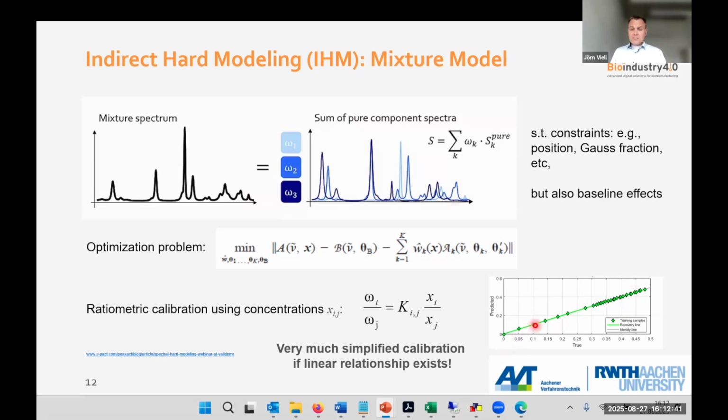And then we only need 3, 5, ideally only 1 in between in order to determine the slope of that calibration line here. Usually we take around 10 in order to make sure that we don't miss an effect, because of course we need to make sure that the linear relationship actually exists. If there's something else going on, we need to analyze for this nonlinearity.